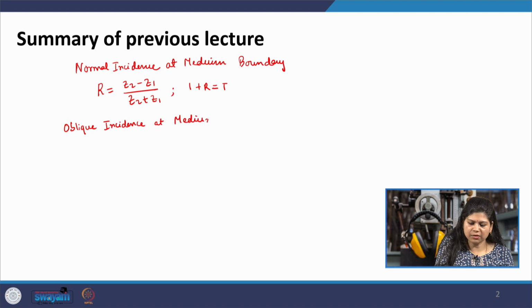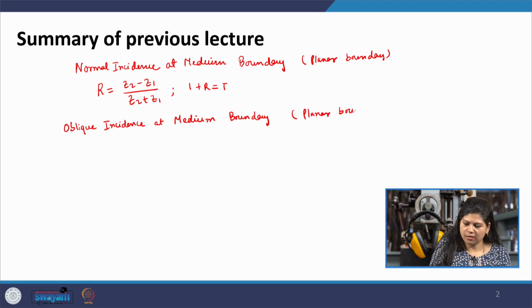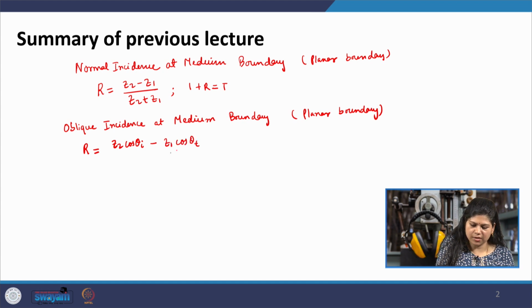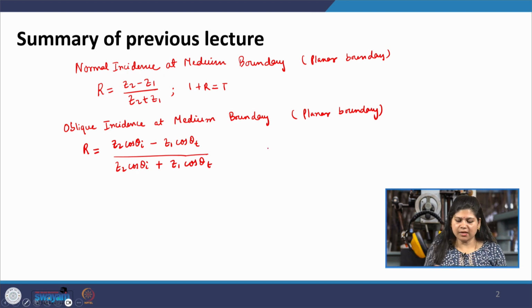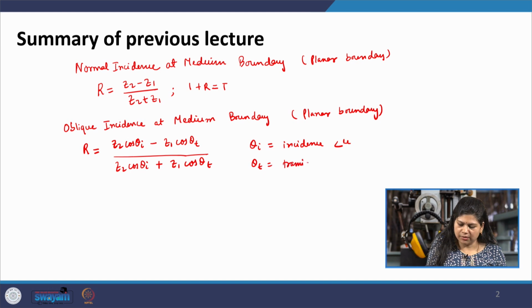at a medium boundary, again a planar boundary, we had the reflection coefficient Z2 cos theta I minus Z1 cos theta t by Z2 cos theta I plus Z1 cos theta t, where theta I is the incidence angle and theta t is the transmitted angle.